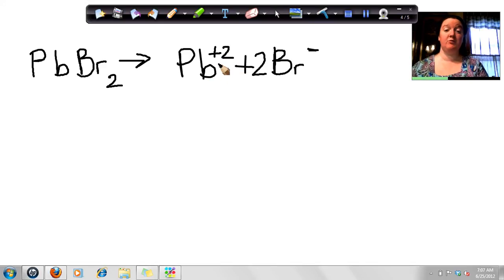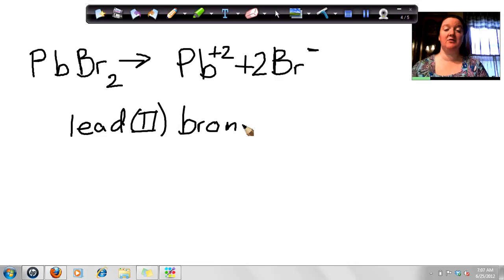Because lead has more than one possible charge, we have to name it with Roman numerals. So we're going to say lead, and then because its charge is 2, we're going to use the Roman numeral 2. And then bromide, because that is the ion that goes with bromine. So now we have lead(II) bromide.